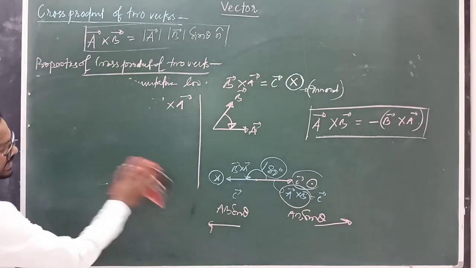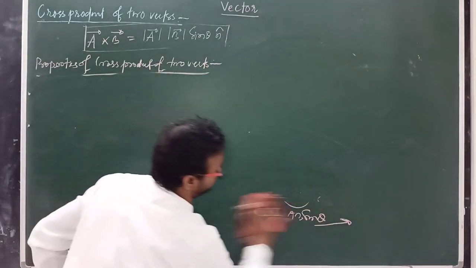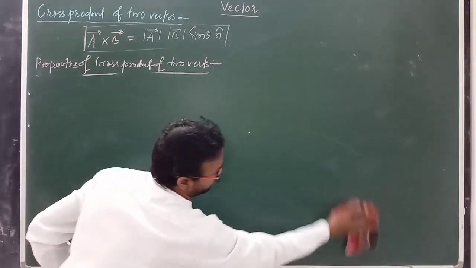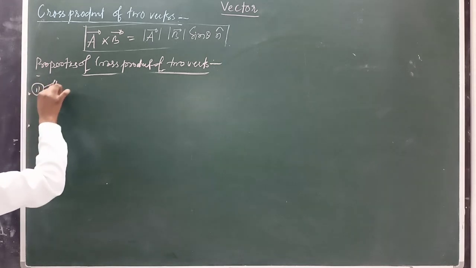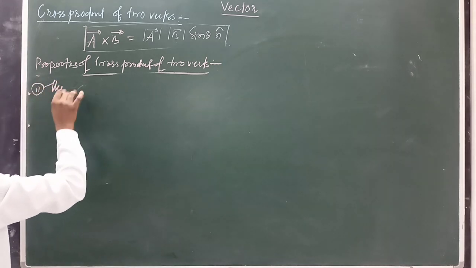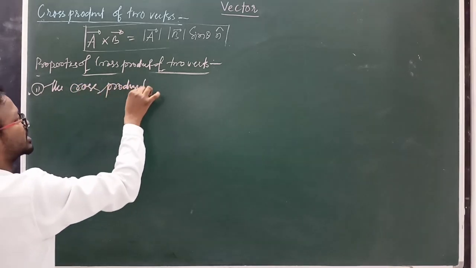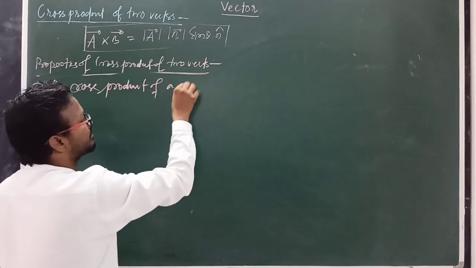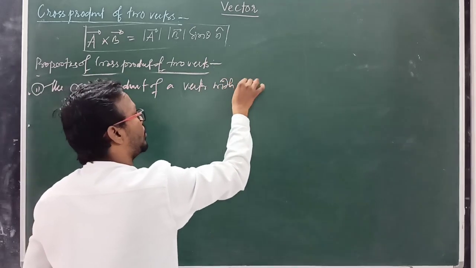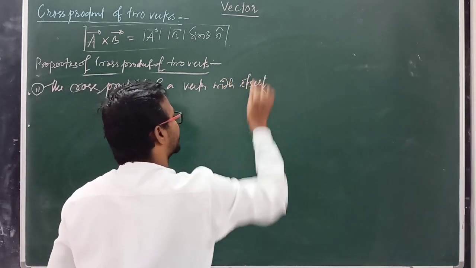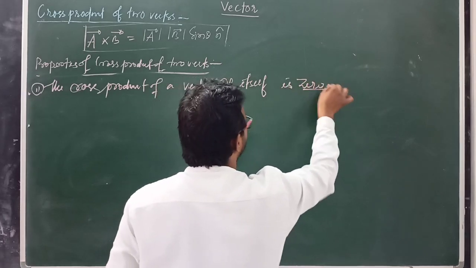And the second property is that the cross product of a vector with itself is 0.